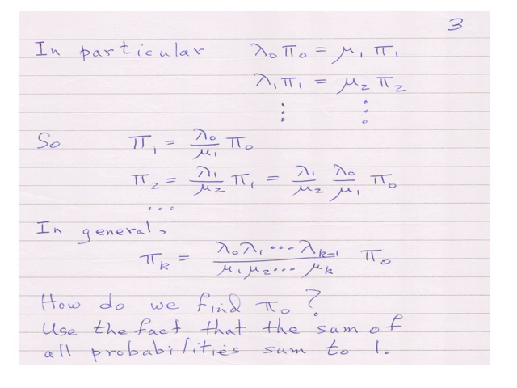The thing that's missing here is, yes, we've solved for the general pi sub i's if we know what pi 0 is, but we do not know pi 0 here. How do we find pi 0? That's the next question. The way we do it is that we use the fact that the sum of all the pi sub i's has to be equal to 1, because those are mutually exclusive events that cover the whole space.